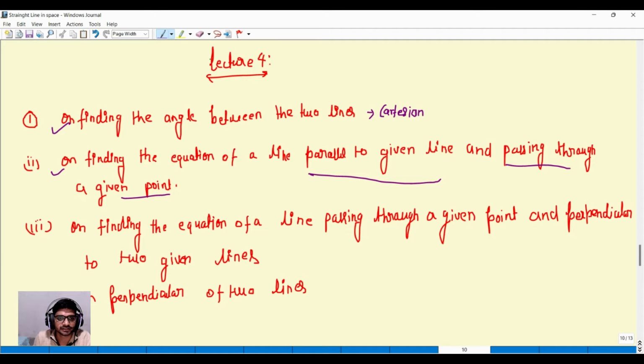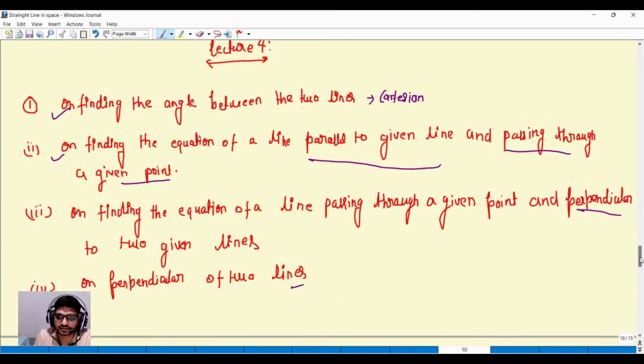Similarly, the next is on finding the equation of a line passing through a given point and perpendicular to a line. All these topics will be discussed in this lecture.